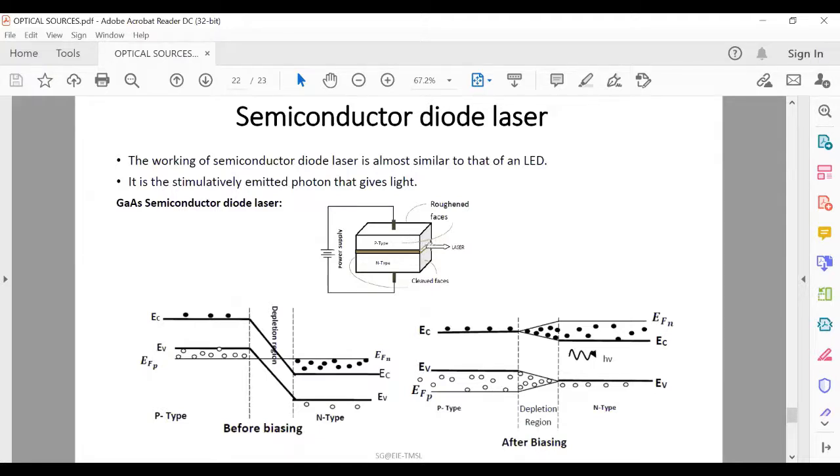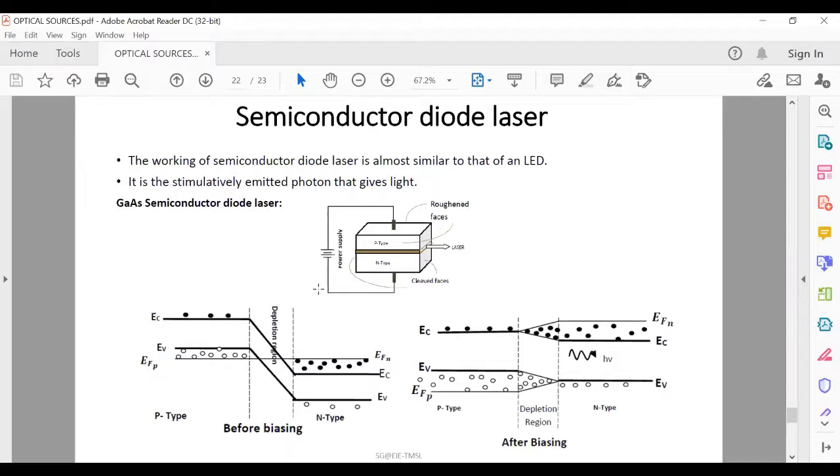Now a pair of opposite faces perpendicular to this junction is well polished, called the cleaved faces, and the remaining pair of opposite faces perpendicular to the junction are roughened surfaces. Okay, and the refractive index of this gallium arsenide is very high, so that these polished faces serve as the resonant cavity.